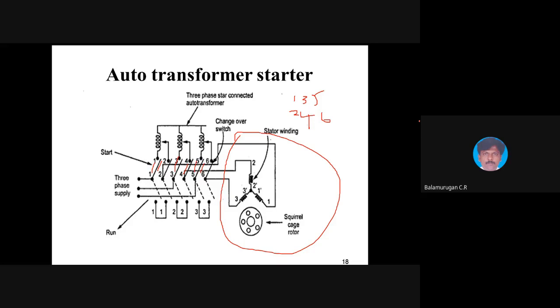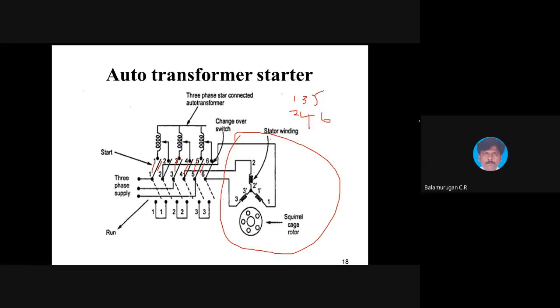Once the motor attains its speed, you change the switch to the run position. When you change the switch from start to run, full supply voltage is given to the stator winding directly, with no winding connected during the run position. Once the motor attains 70 to 80% of its rated speed, the switch is changed from the start position to the run position.